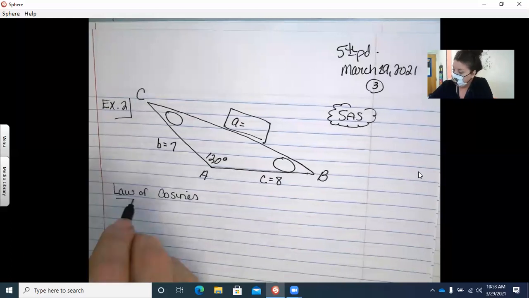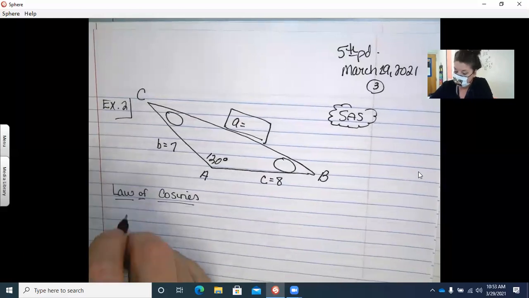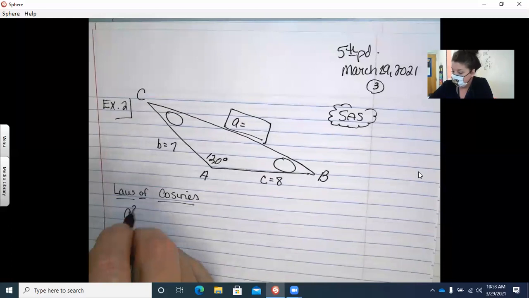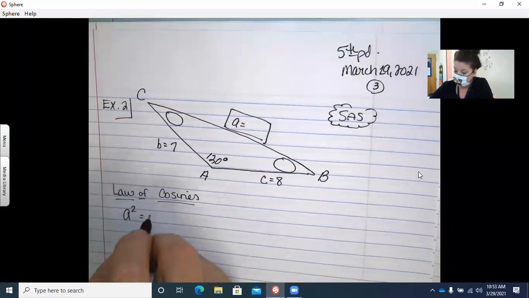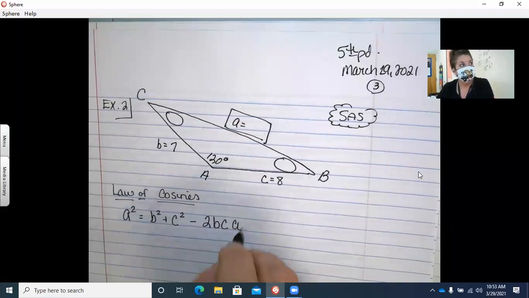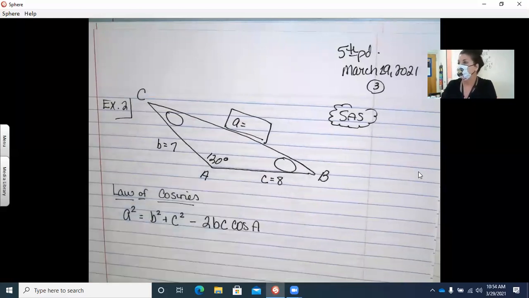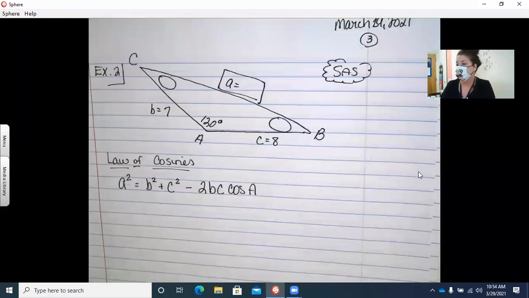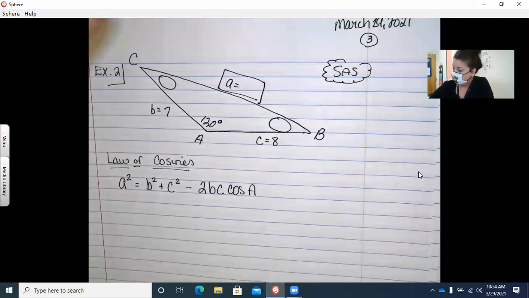All right, so that was A squared equals B squared plus C squared minus 2BC times the cosine of A. Y'all want to do the math on that on your own and we'll compare? Yeah, let's try it. I'm going to freeze my screen, do that math, and then we'll come back and compare.